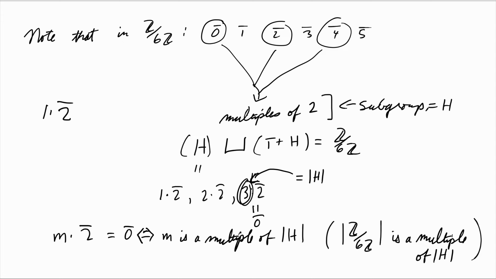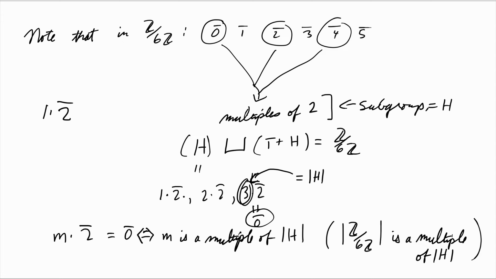So if I list out all the multiples of 2, eventually I'm going to get back to 0 bar, the additive identity. And how soon do I get it?